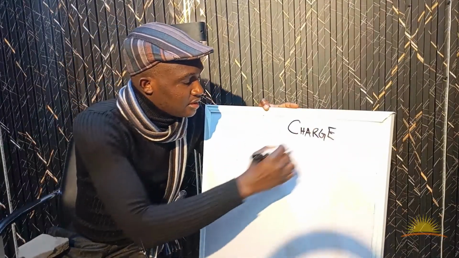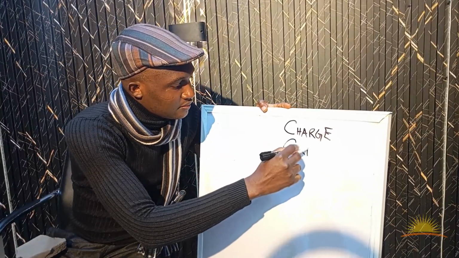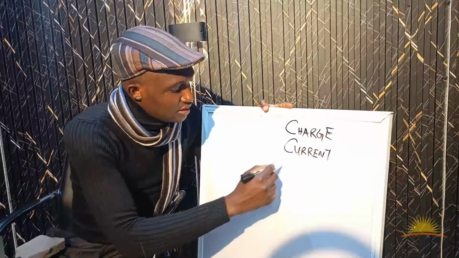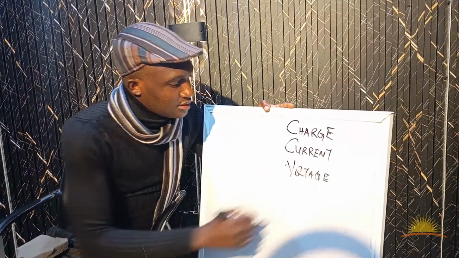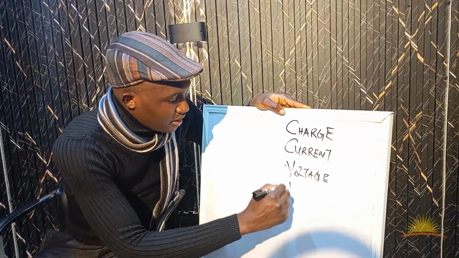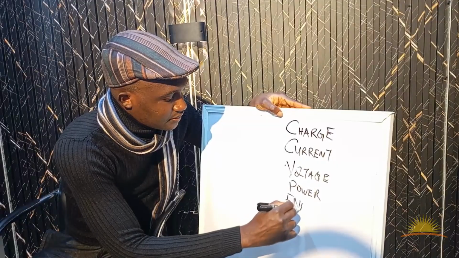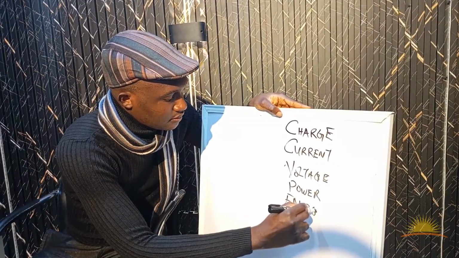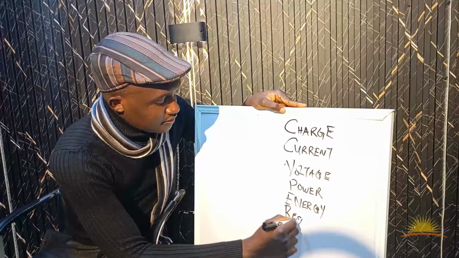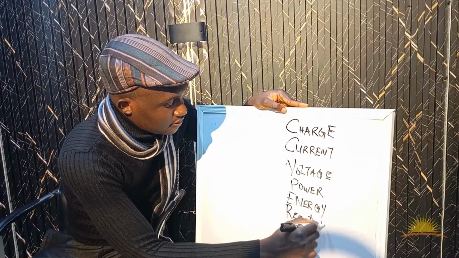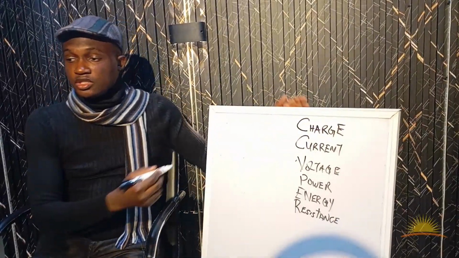After that, we'll talk about the current, and then the voltage. Then we'll talk about the power, then energy, and lastly, resistance. Good. These are the main terms we'll be talking about.